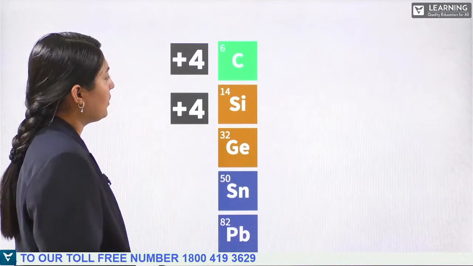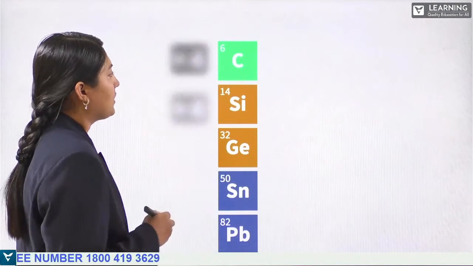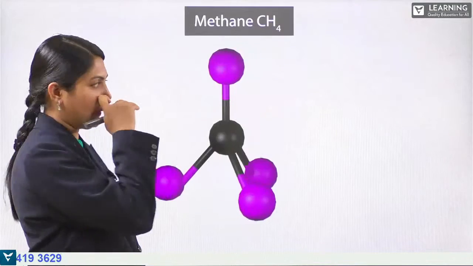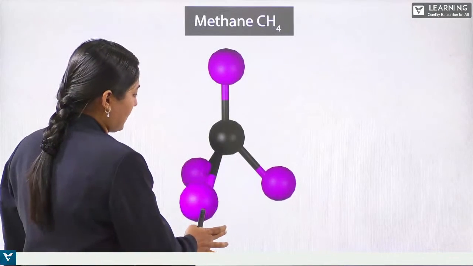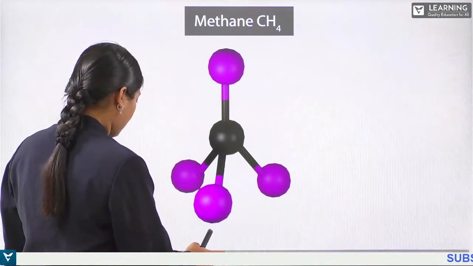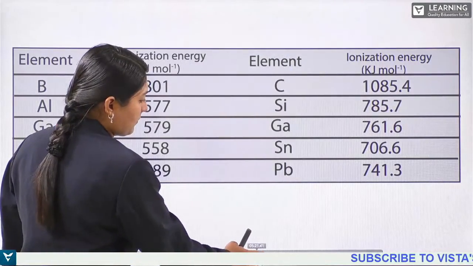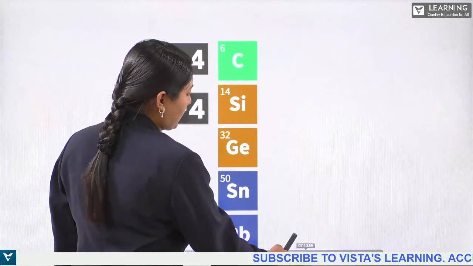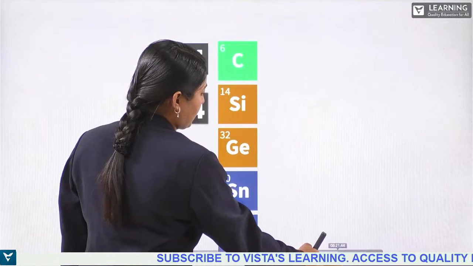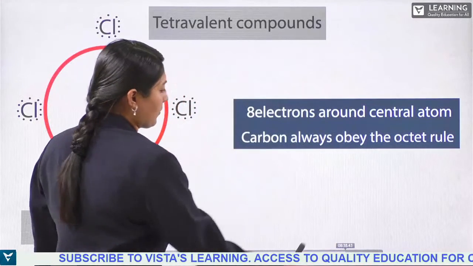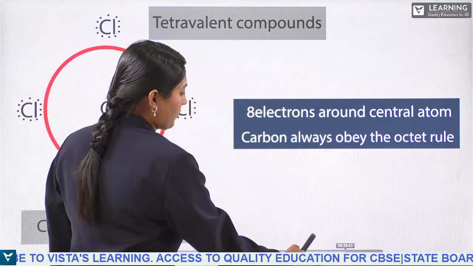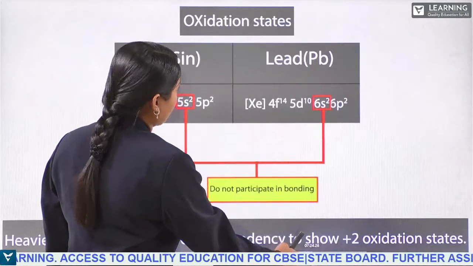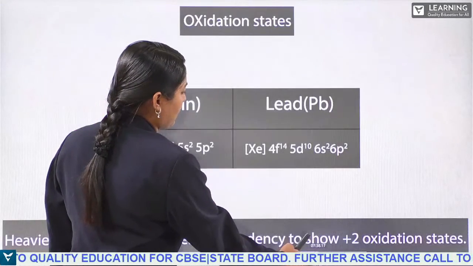So as we were speaking about oxidation state, here you can see carbon and silicon can have negative states. So till here we learned, right?